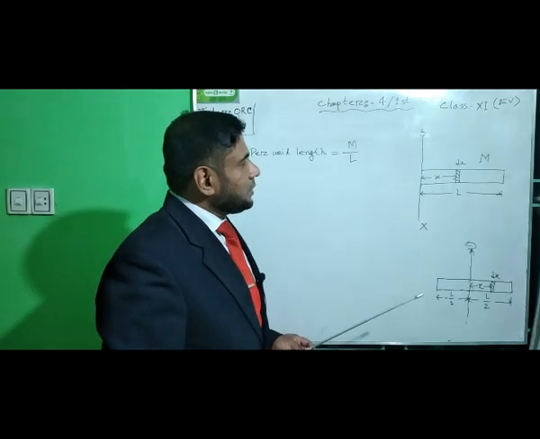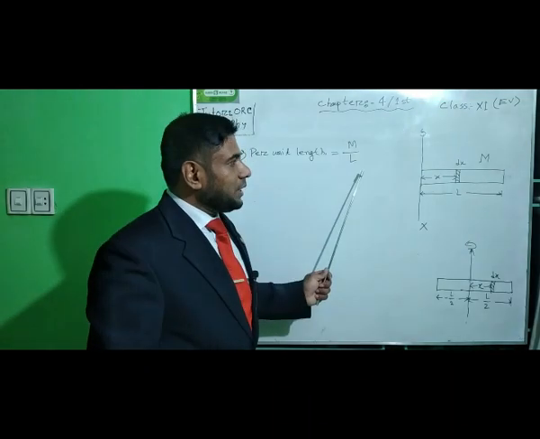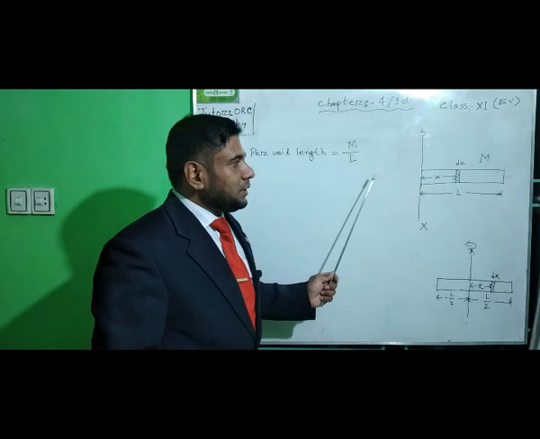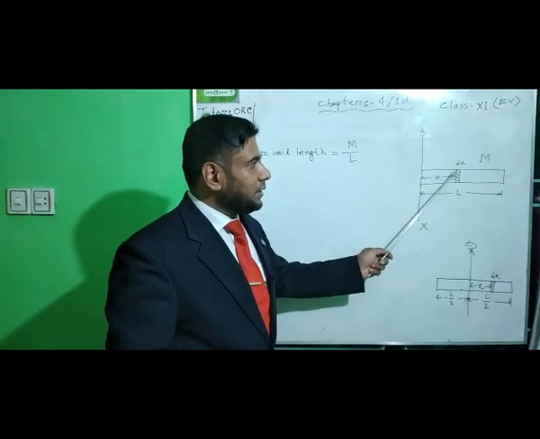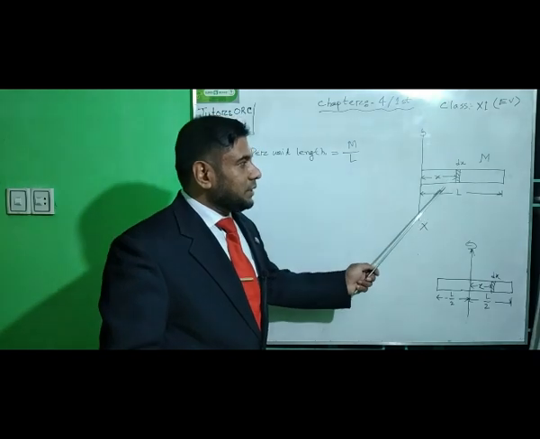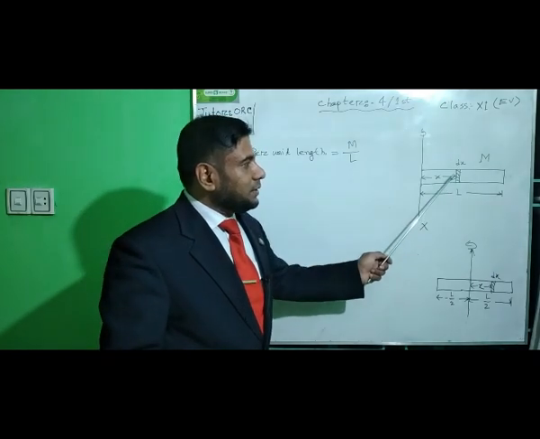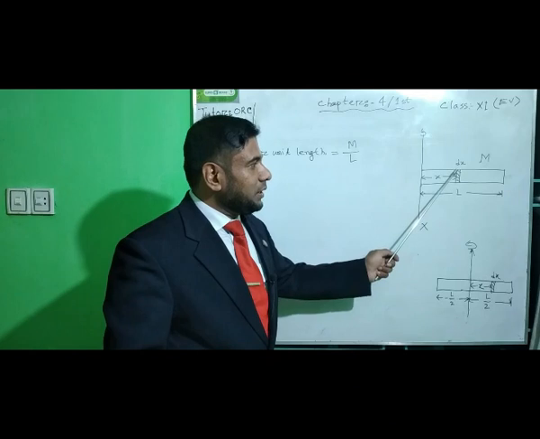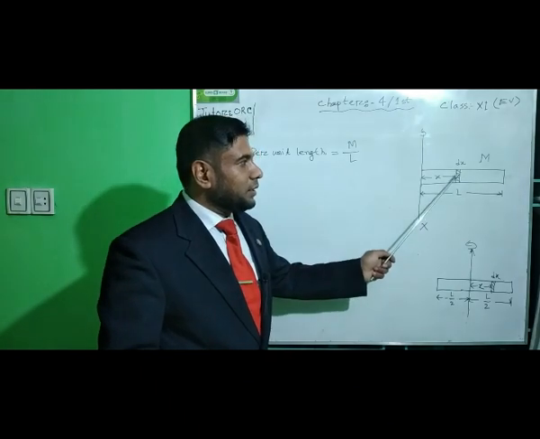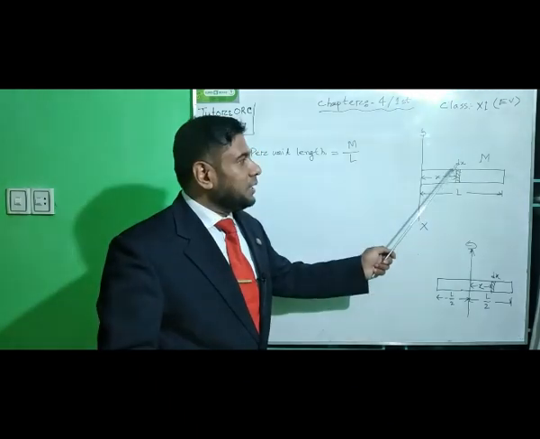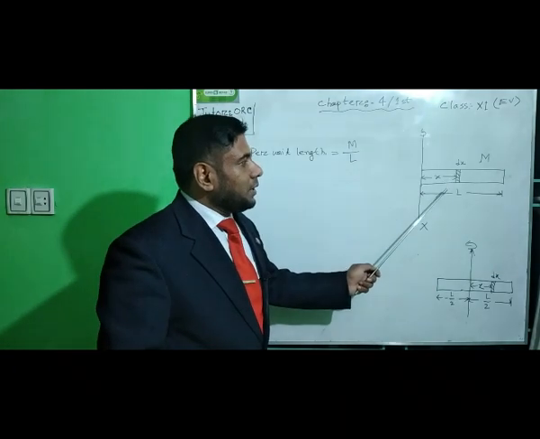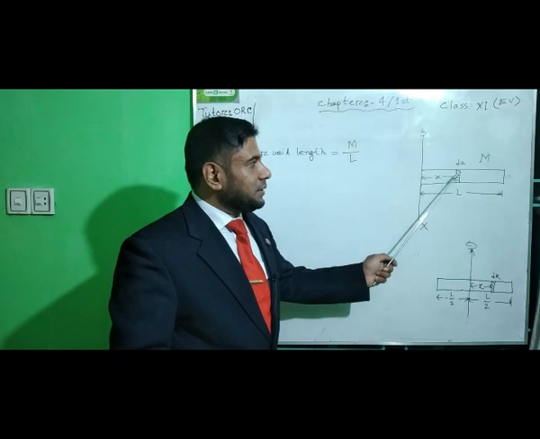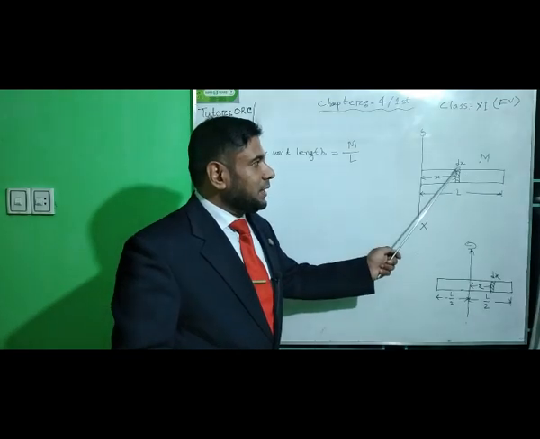Now from this information we can easily find out the mass of the rod for a smallest length dx. Suppose we have taken a smallest length or element on the thin rod and the length is dx. So now we will find out what will be the mass of the rod of dx length.